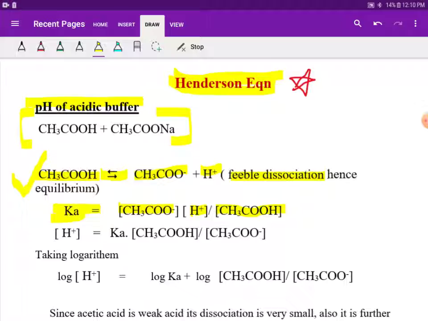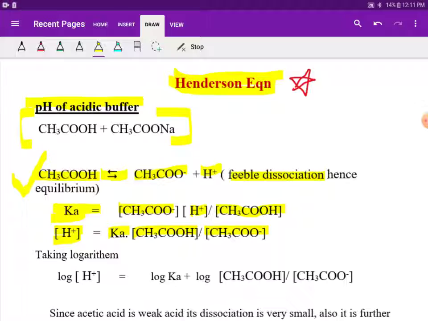On rearranging, the concentration of H plus is equal to Ka times the acetic acid concentration divided by the concentration of acetate ion.